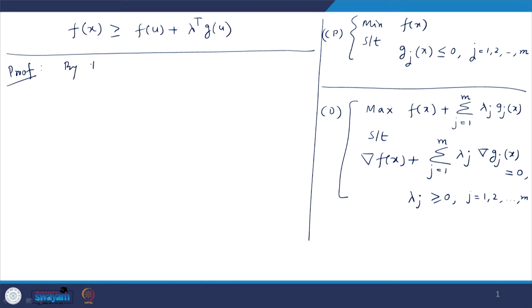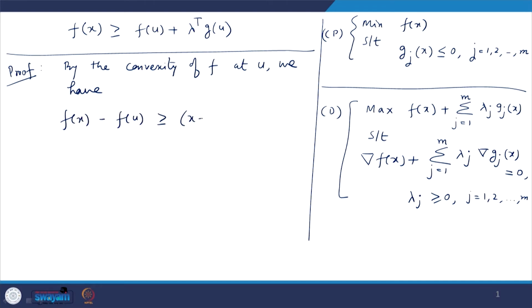Since by the convexity of f at u we have f(x) minus f(u) greater than or equal to (x minus u) transpose gradient of f(u). This is by the convexity of f, because f is a differentiable convex function, hence this result will hold, which we have already discussed in our previous lectures.